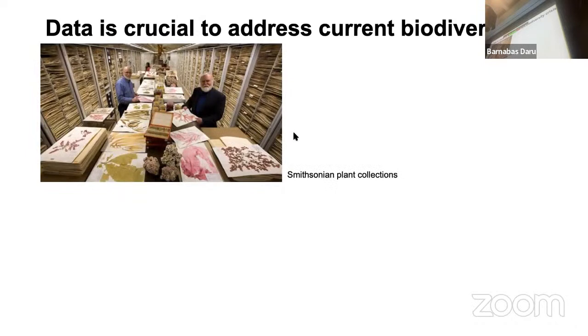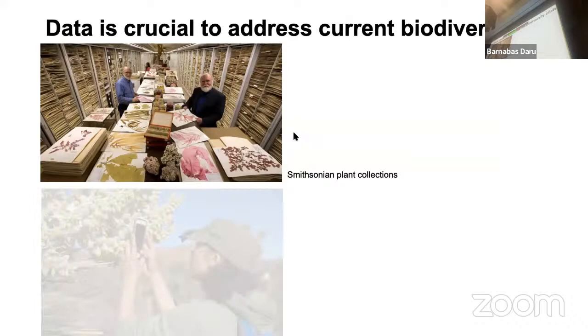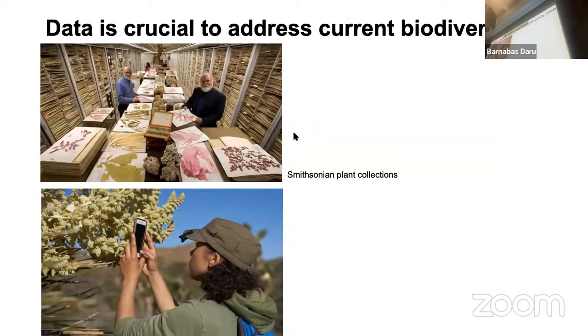This is an example of collections in the Smithsonian museum. And data is also increasingly coming from mobile applications like cell phones and other citizen science projects that capture information on organisms and increasingly send them to repositories that all meet together at some point to form biodiversity data.